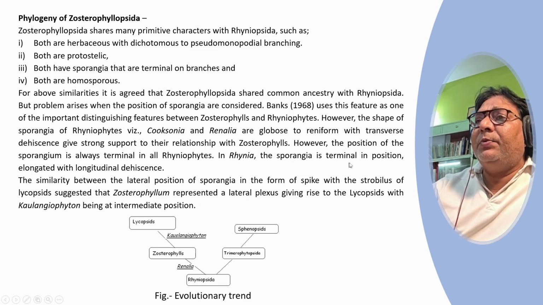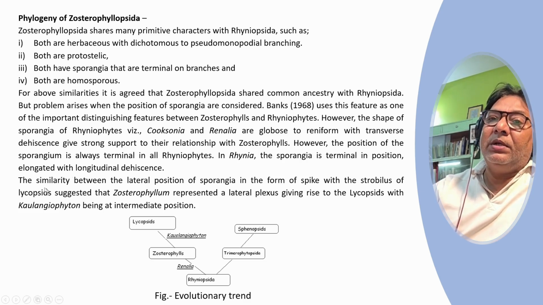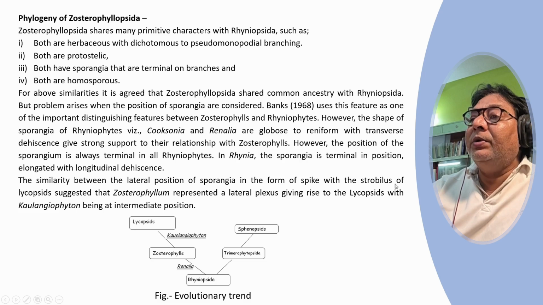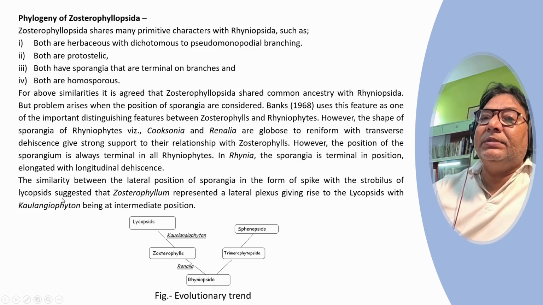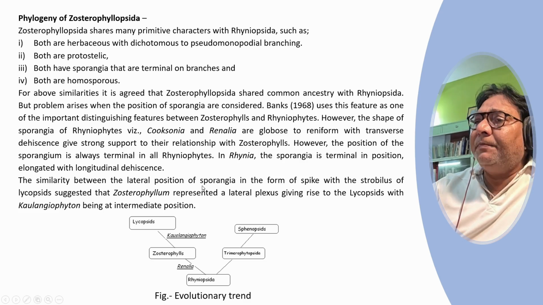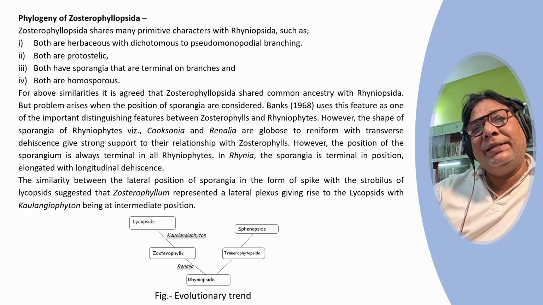In Rhynia, the sporangia are terminal, elongated, with longitudinal dehiscence. The similarity between the lateral position of sporangia in the form of a spike and the strobilus of the lycopsids suggests that Zosterophyllum represented a lateral plexus giving rise to the lycopsids, with Asteroxylon being at an intermediate position. Now this is about evolution.